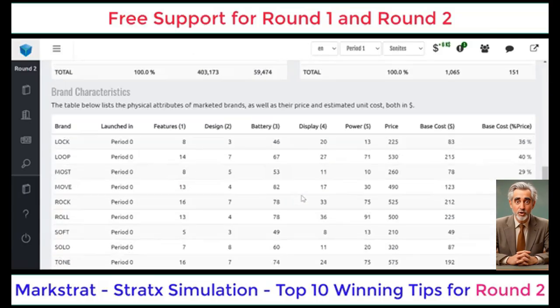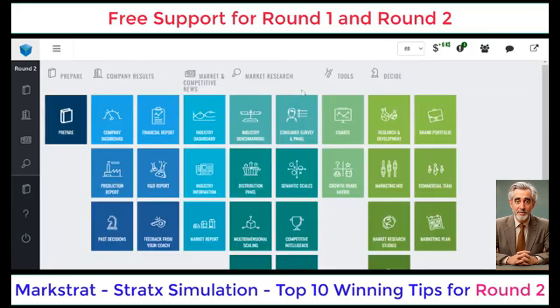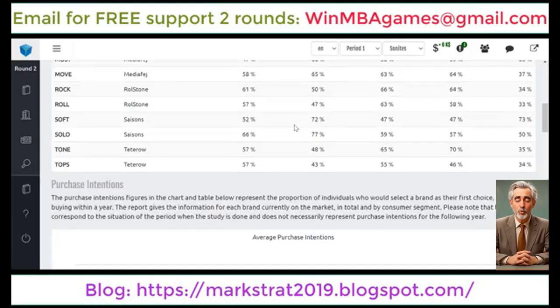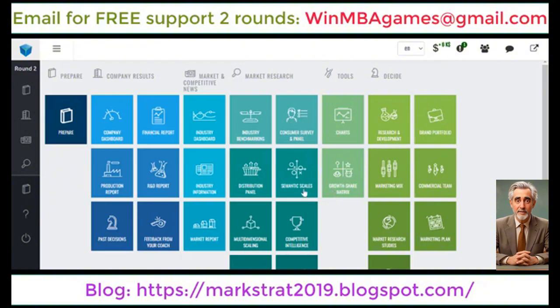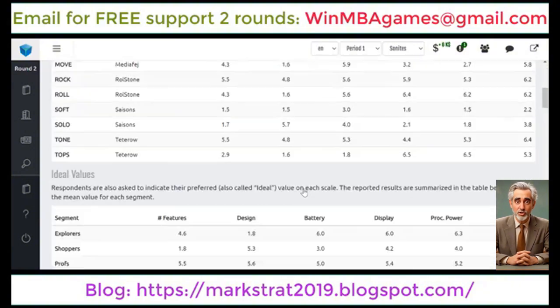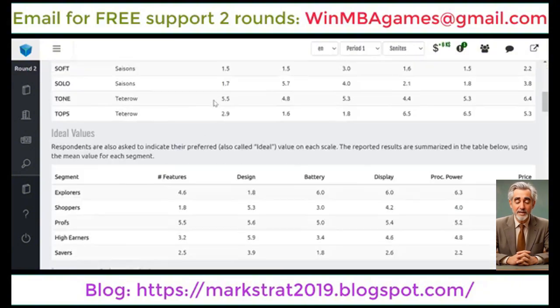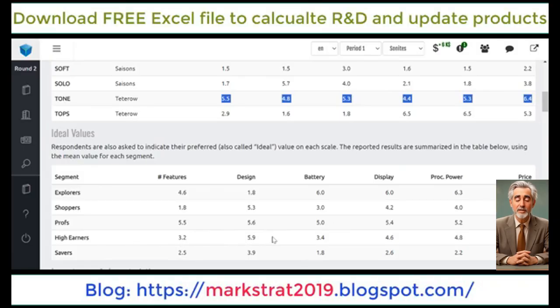Tip 6. Launch new products based on segment gaps. This brings us to one of the most strategic moves in round 2, launching new products. If your existing brands are not well positioned in any segment, it's wise to introduce a new brand. For example, launch a new brand for the shopper segment with ideal values based on the semantic scale. Introduce another brand for professional or high earner with adjusted design and performance values.